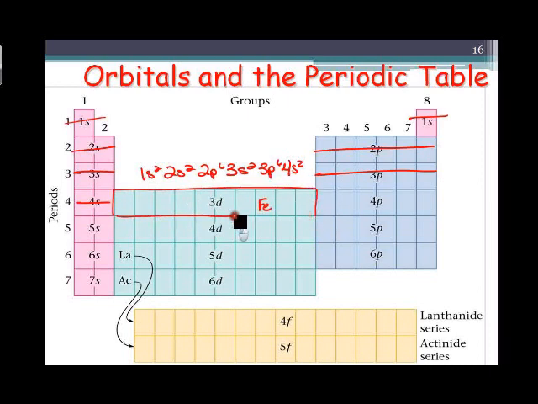Remember that our Aufbau principle tells us that we need to fill energy levels from lowest to highest. So 4s is lower energy than 3d. So now we can come back to that 3d block, and iron is the 1, 2, 3, 4, 5, 6, 7, 8th element. So we have 3d8. There's the electron configuration for iron.